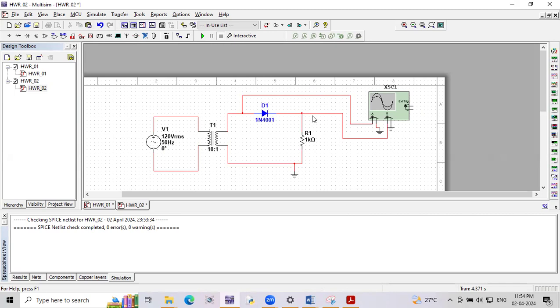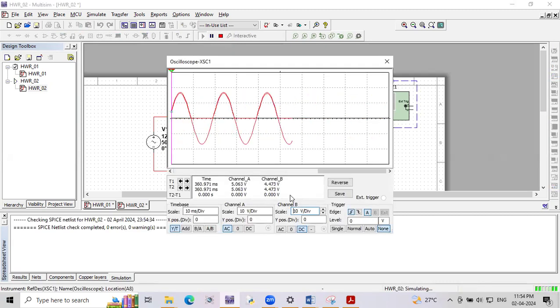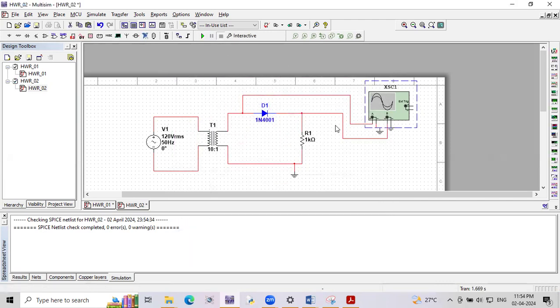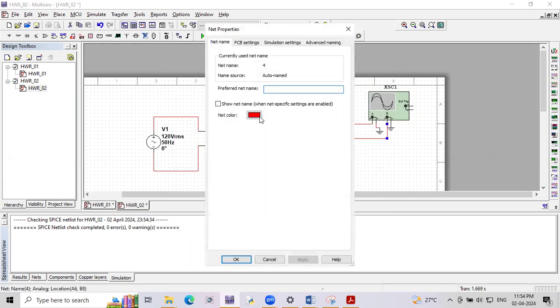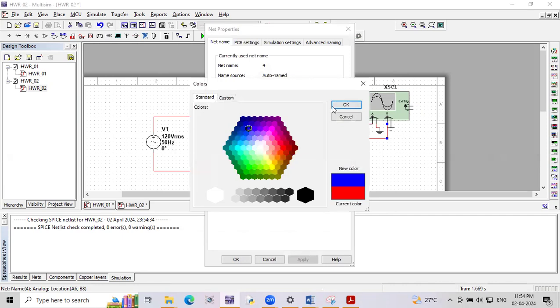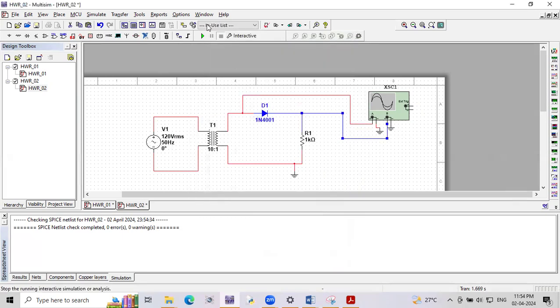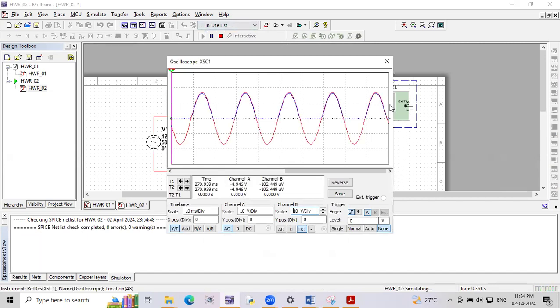I already connected output channel B across the resistor. Let's check the output. I'm not able to find the output properly, so I'm going to change the color of this output wire from red to blue.